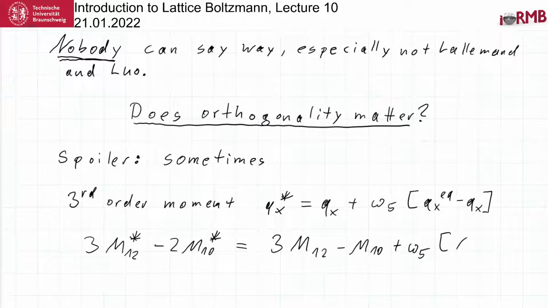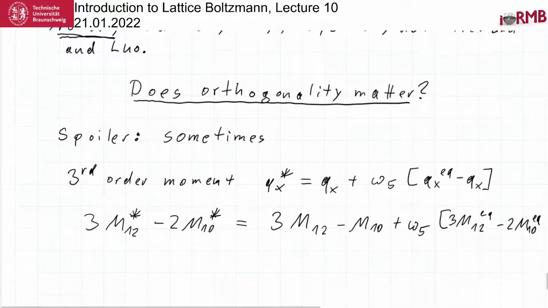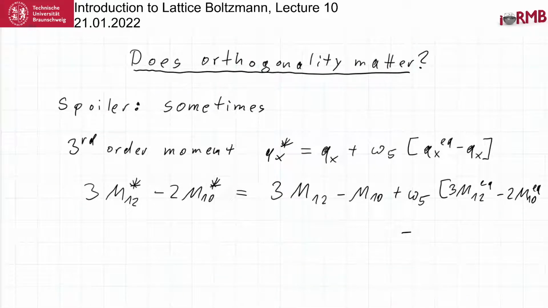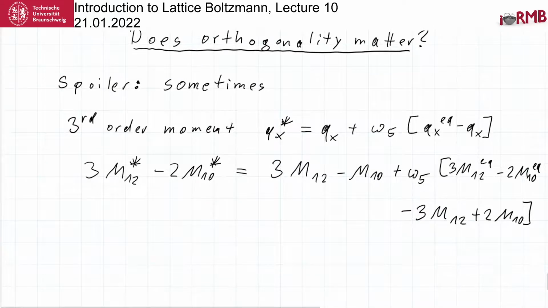And here comes the equilibrium of 3 times m12 equilibrium minus 2 m10 equilibrium, where we have to subtract the non-equilibrium part, minus 3 times m12 plus 2 m10. Okay, so this is the same equation just expressed in countable moments.